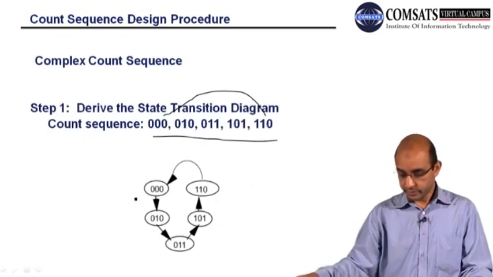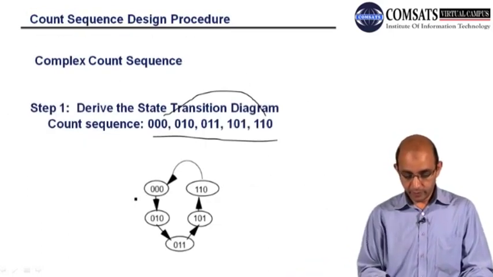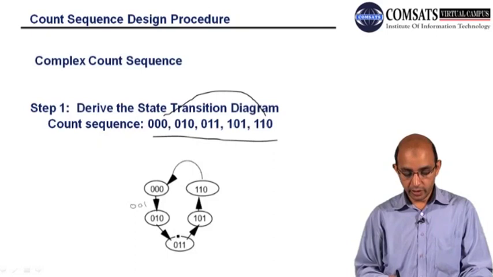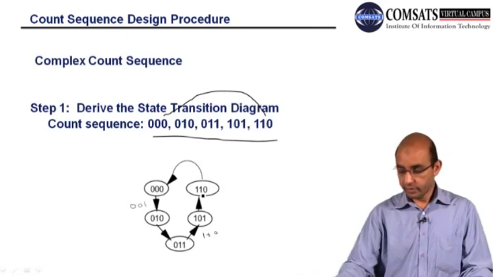So let me mark the missing entries from the normal, right? So after 0 0 0, what we have is 0 0 1, right? And then we have 0 1 0, right? So after this, what normally we have is 1 0 0, right? So 2 are missing.